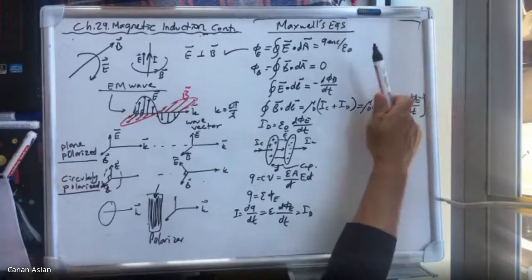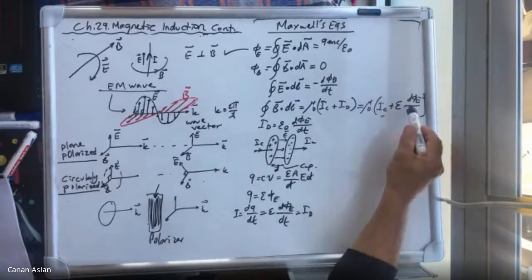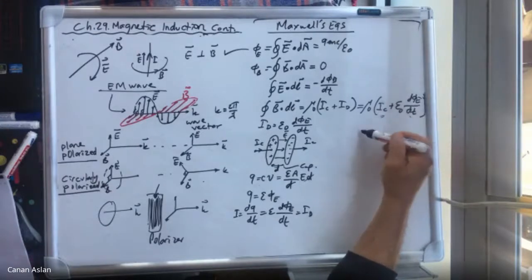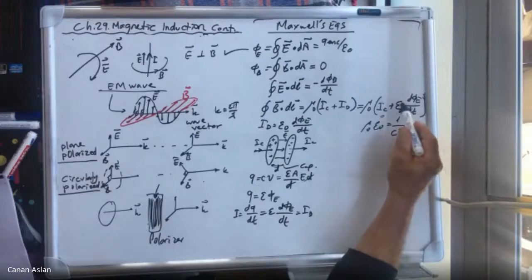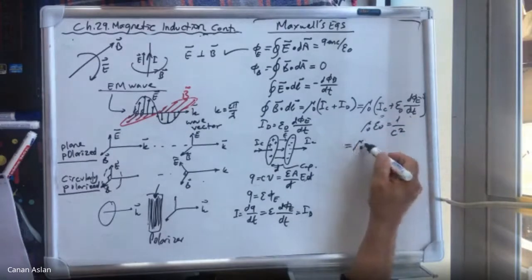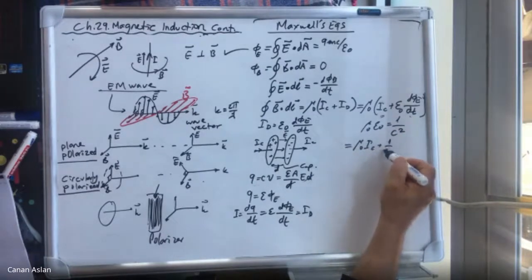But now, since this is for air, with epsilon 0, we have this term which is multiplying mu 0 epsilon 0. If you look at the property of these constants, it is equal to 1 over c squared. Now the expression will be mu 0 I C plus 1 over c squared times d phi E over dt, okay?